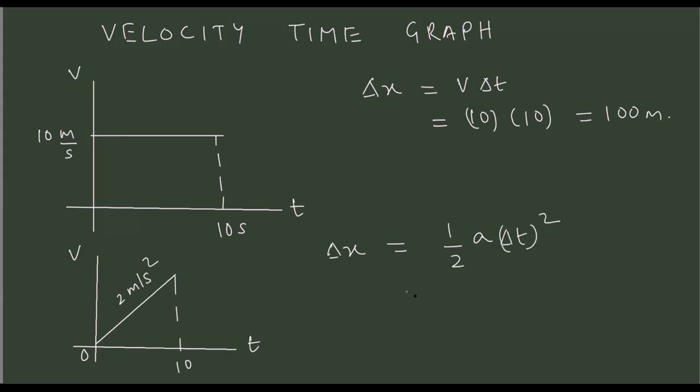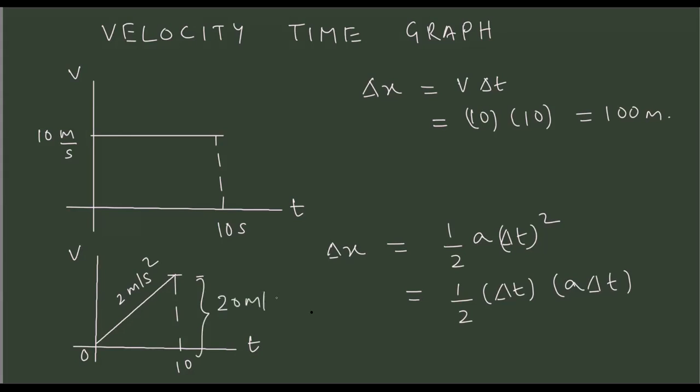If you think about it, this is like half into time taken and then into a into delta t. So a into delta t is the velocity that it will attain. In 10 seconds, the velocity attained by the particle will be 20 meter per second.